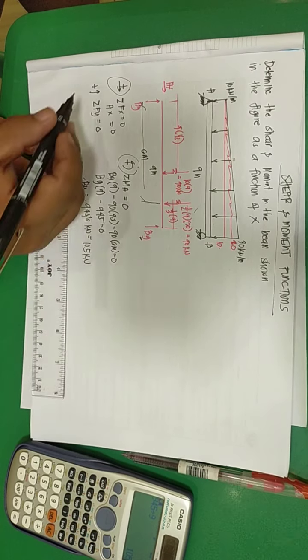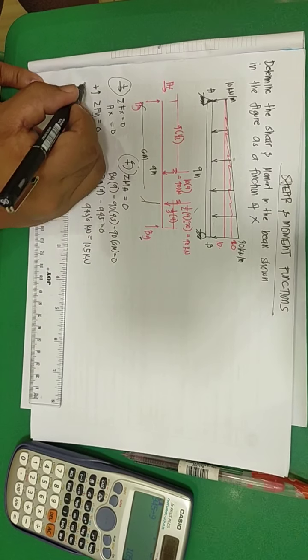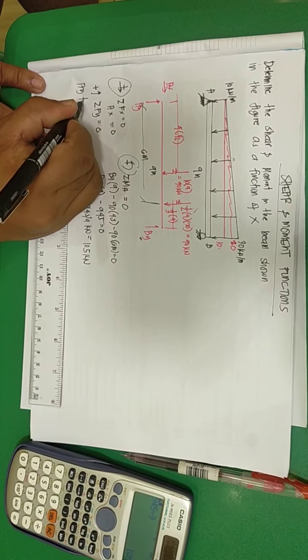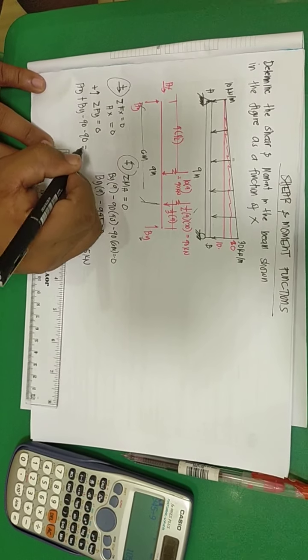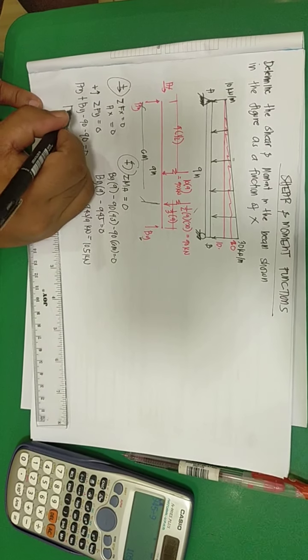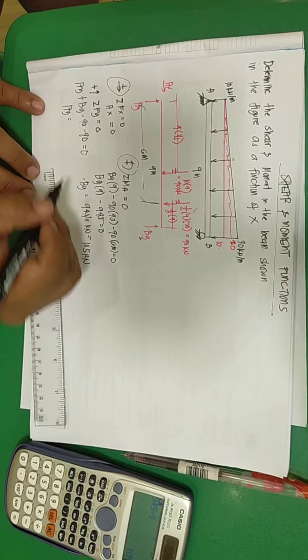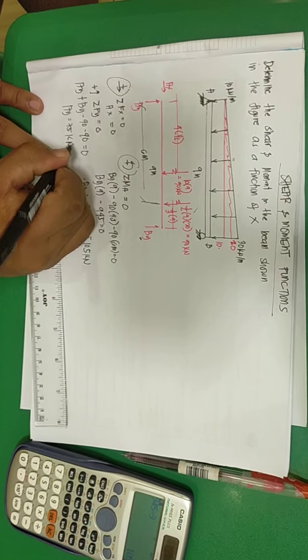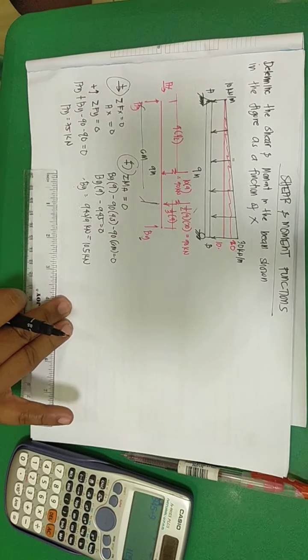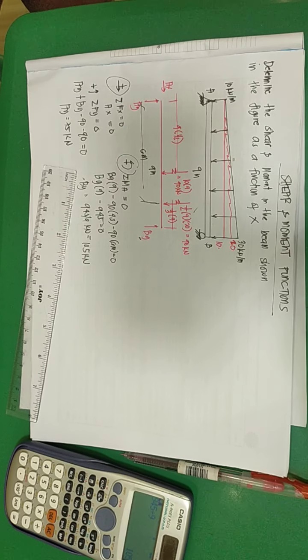Summation of forces along Y: AY plus BY minus 90 equals 0, so AY is 75 kilonewtons. So we now have the reactions AY, AX, and BY.